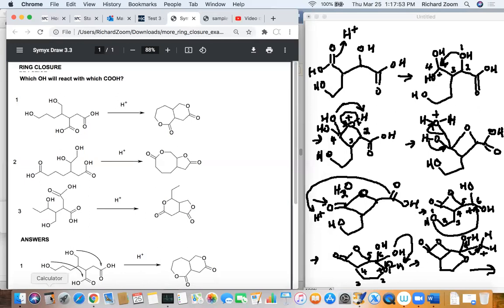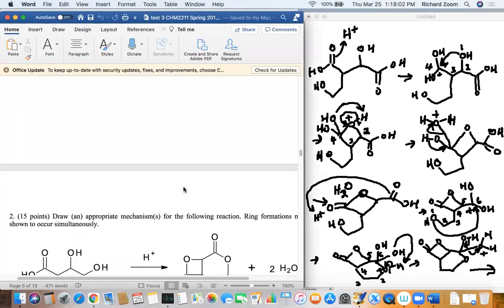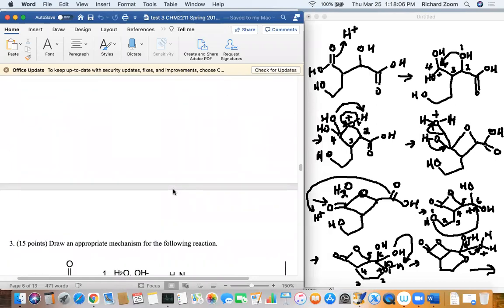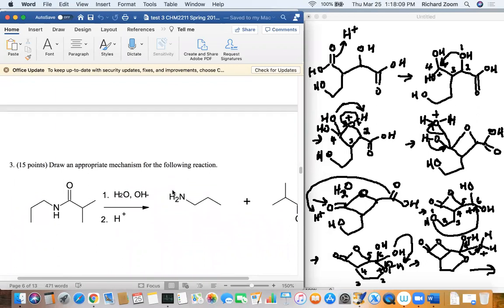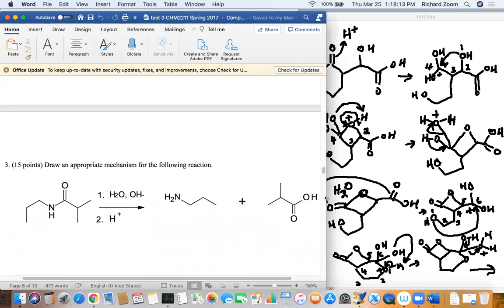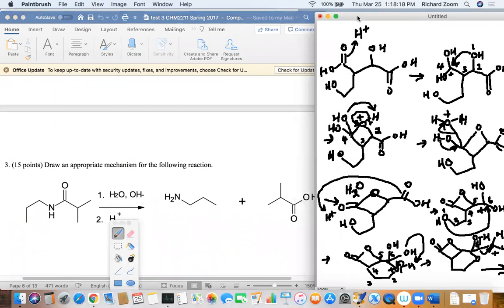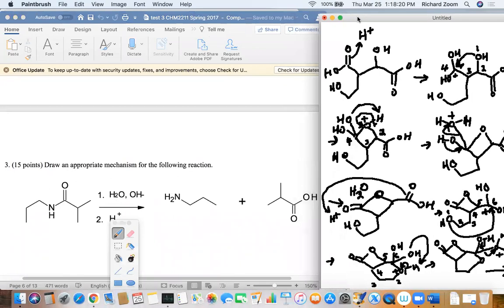So question 3, I'm actually going to be real generous here with question 3. With question 3, I always choose something that is a hydrolysis reaction that has a basic kind of mechanism, of something that ends up becoming a carboxylic acid.